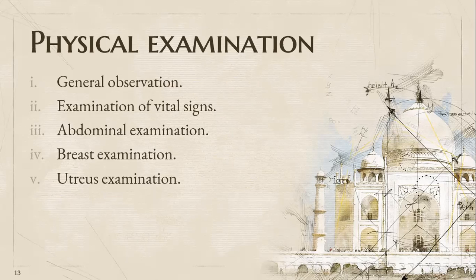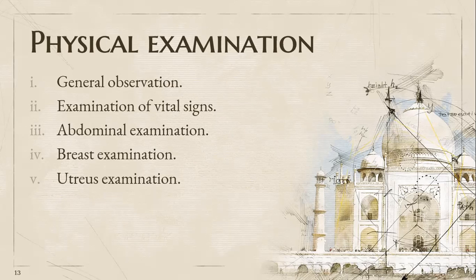The secretion is red in the beginning, then changes to pink color, and later becomes white. During puerperium, vagina, uterus, cervix, and perineum regain their tone. This is regarding uterus examination.